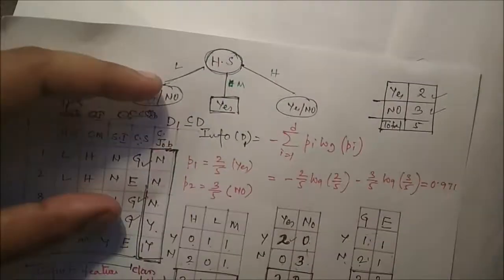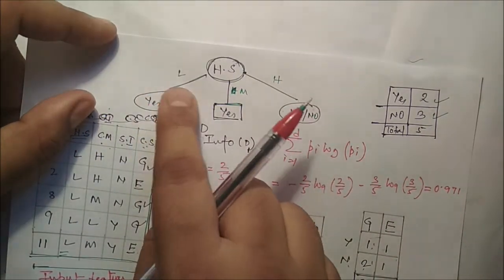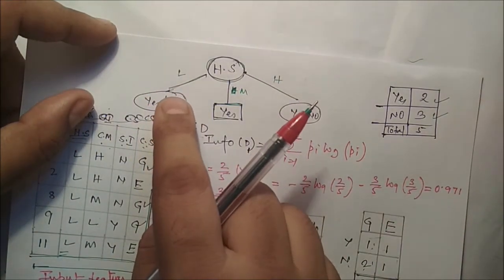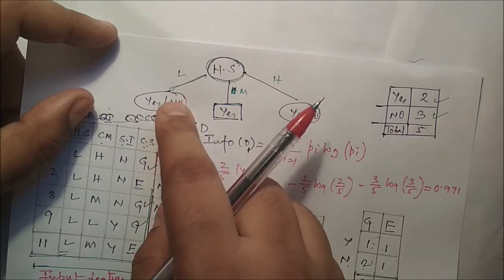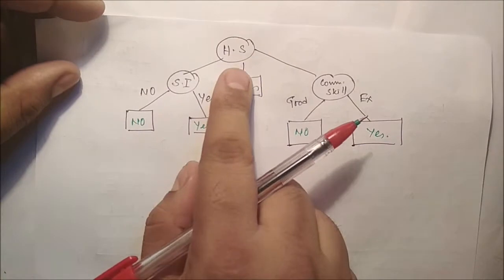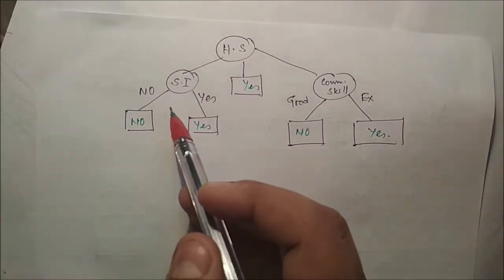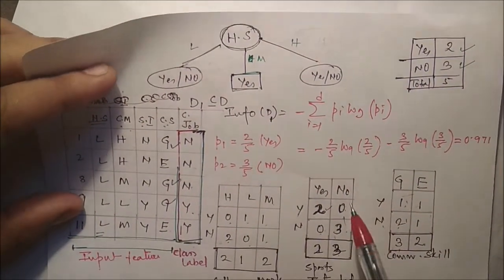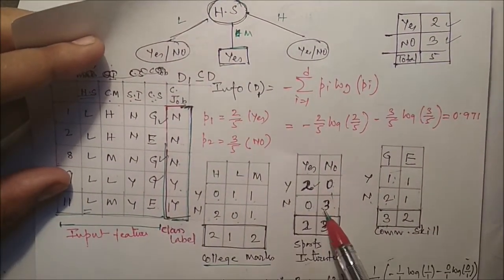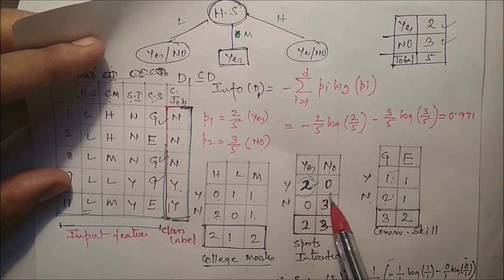So after that, we put the attribute sports interested, and we can identify the two parts.